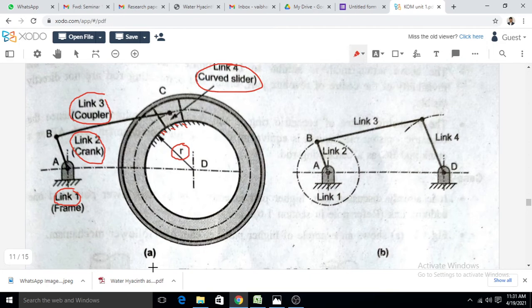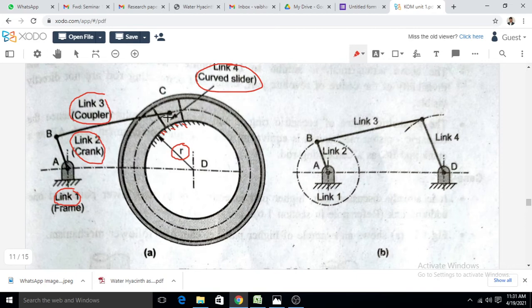If the radius of curvature of the curved slider becomes infinitely large, that is, if we consider this r equal to infinity, then the pair variable transforms.